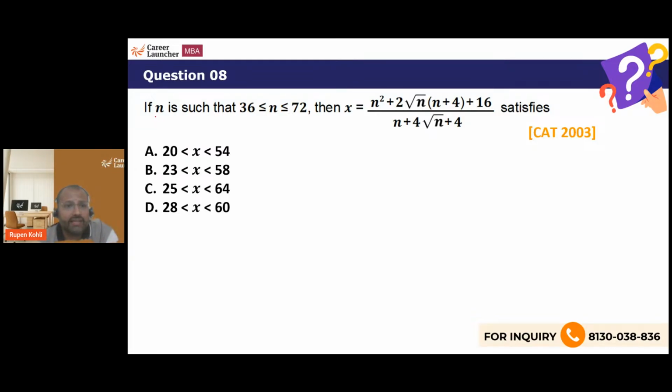So n is such that n is in a range, and then x is this very complicated expression which satisfies what? So basically, you have a range of n, and then you have an expression about n, quite complicated. You have to find the range of x based on the range of n, right? All right. So you can see a lot of squares and square roots.